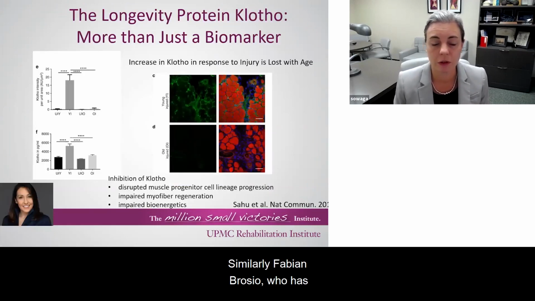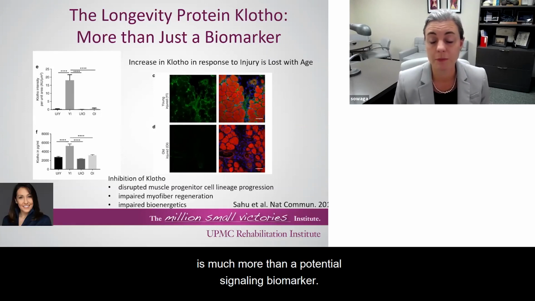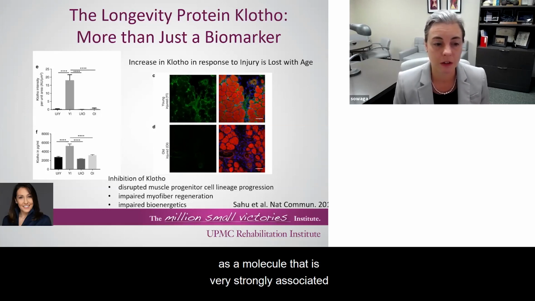Similarly, Fabio Ambrosio, who has been studying a longevity protein called Klotho, has discovered that really this protein is much more than a potential signaling biomarker. This has been looked at a lot in longevity research as a molecule that is very strongly associated with aging phenotypes. But clearly it's more than just a biomarker. In her research, what she's been able to demonstrate is that the levels of Klotho in the tissue go up in response to injury in a young animal, but that same beneficial effect is lost with aging.